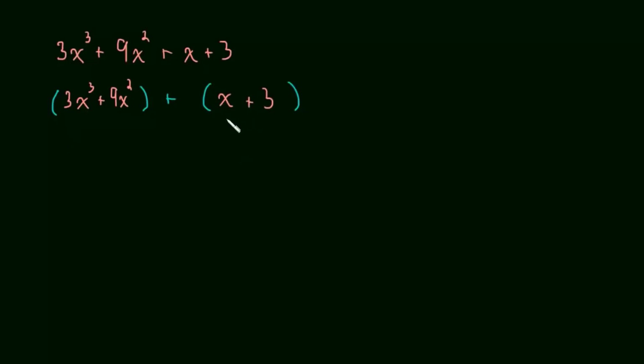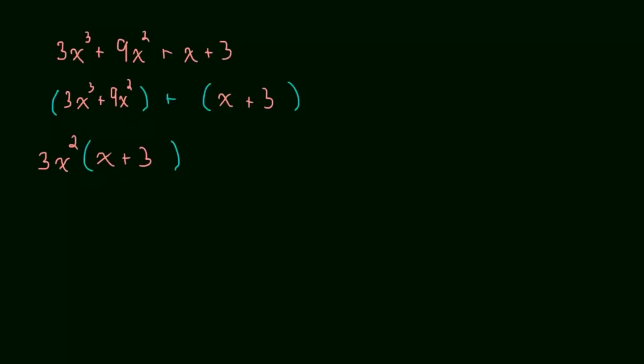Well, what can we factor out of the group on the left? We can take out an entire 3x squared, right? And now we'll just be left with, on the inside, just an x plus 3, right?